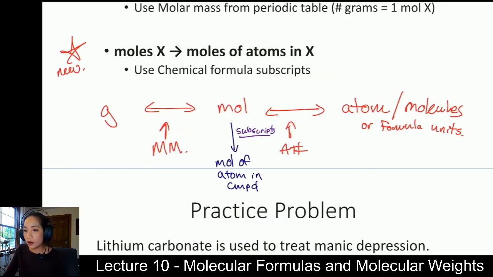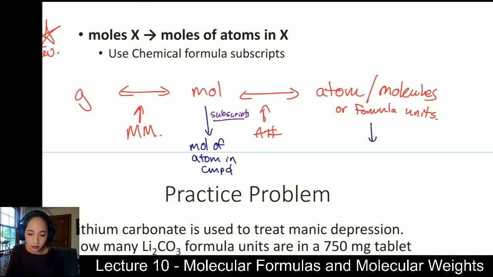If you want to go from individual molecules to the number of individual atoms in a molecule, you can go from this part of our little roadmap here. So if you are already in molecules, you can get to atoms also using atoms of element in compound. You would also use the subscripts. That's what we just did with our fluorine example of Prozac.